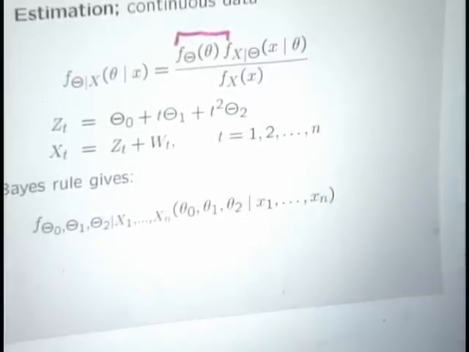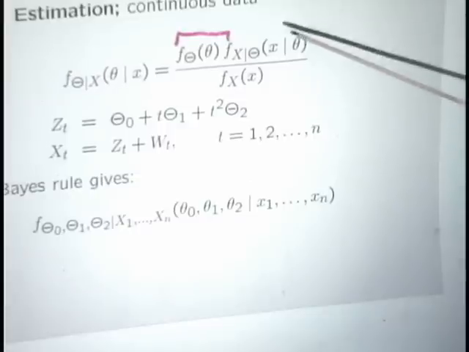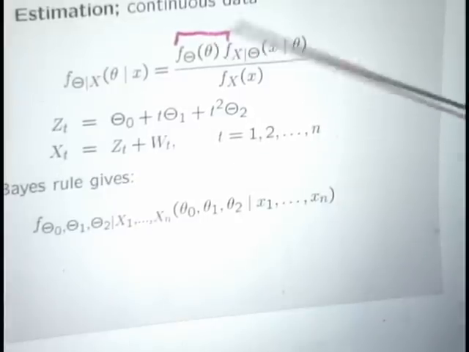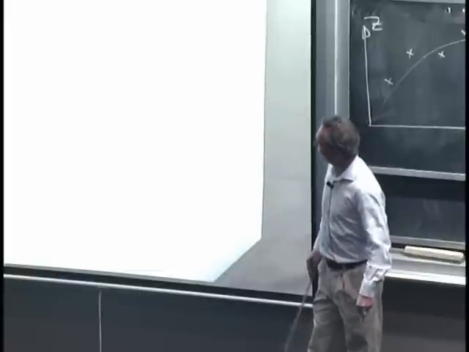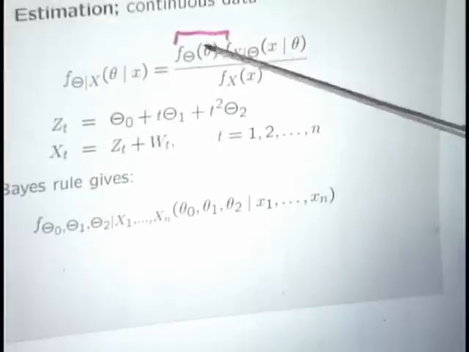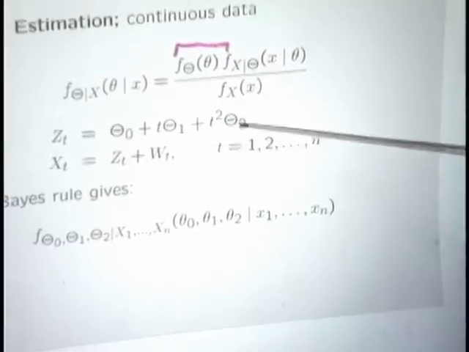And at the end, your end result would be a formula for the distribution of theta given the x that you have observed. Except for one complication, to make things more interesting: instead of these x's and thetas being single random variables, typically those x's and thetas will be multidimensional random variables, or will correspond to multiple ones. So this little theta here actually stands for a triple of theta 0, theta 1, and theta 2.